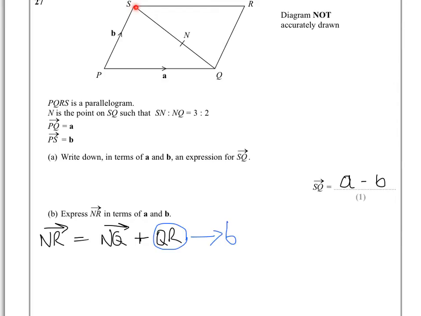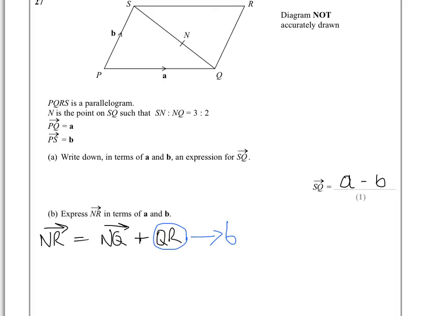So whatever that length SQ is, NQ, because that part is 2, will be 2/5 of it. And it's 2/5 because if the ratio is 3 to 2, there's 5 parts altogether. That means this bit will be 2 lots of those 5 parts. It will be 2 over 5 of SQ.